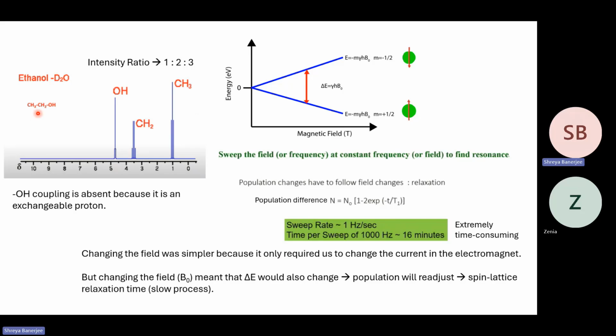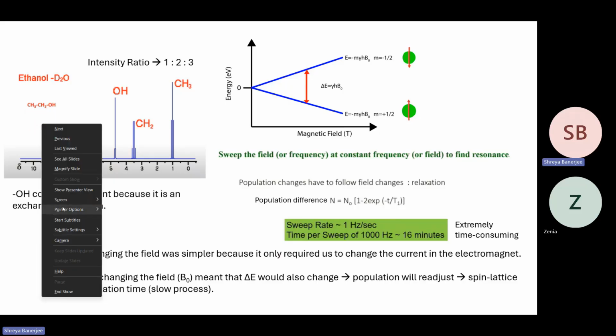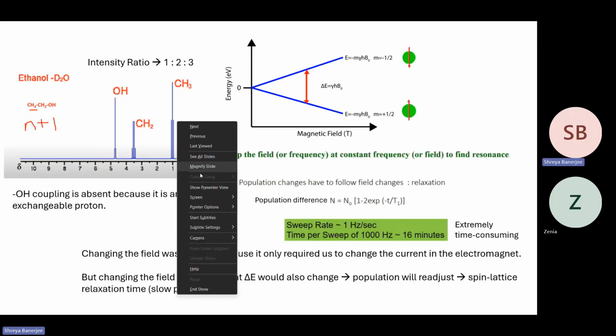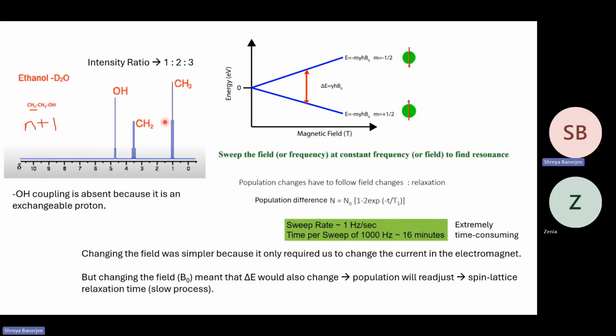And if we look at the coupling, the general rule is that if there are n neighboring protons, the peak will be split into n plus 1 peaks, so it is called the n plus 1 rule. So CH3 has 2 neighboring protons, so it will have 2 plus 1, 3 peaks. You can see 1, 2, 3, it is splitting into 3 peaks.